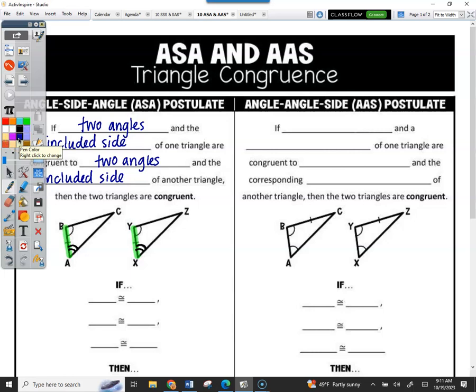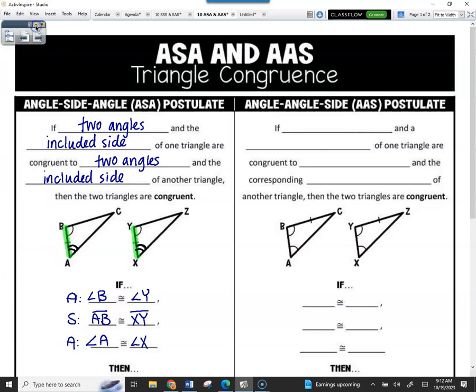Very good. And since that's a side, I'm going to put it in the middle. So AB is congruent to XY. Very good. And angle. Very good. That's an angle, a side, and an angle.